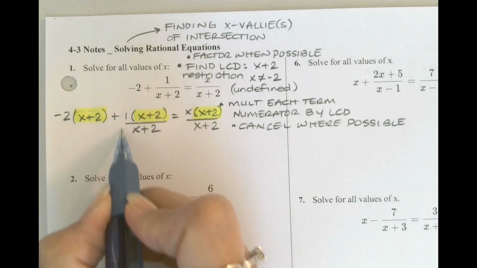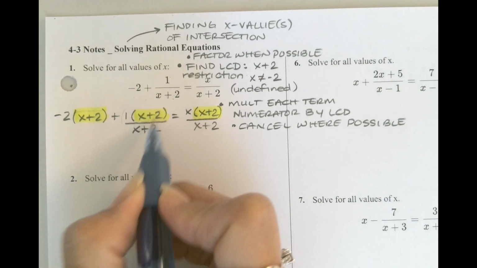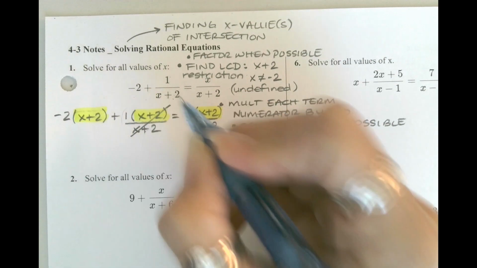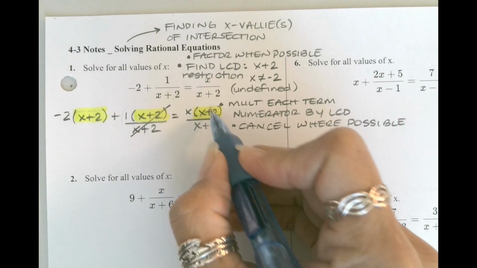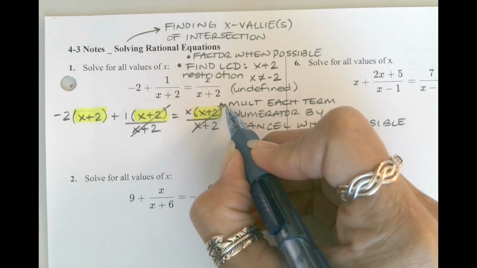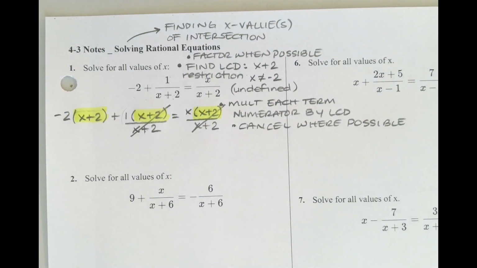In this term right here, these factors are identical, so cross them out. On the right side of the equal sign, these factors are identical, cross them out. The purpose of multiplying by all the yellow factors that I just highlighted is to clean up your original equation and get rid of fractions.